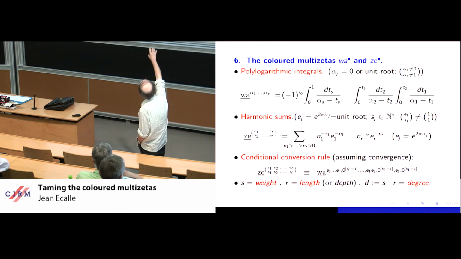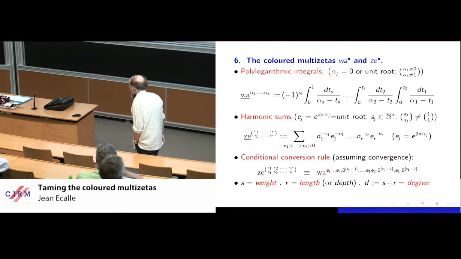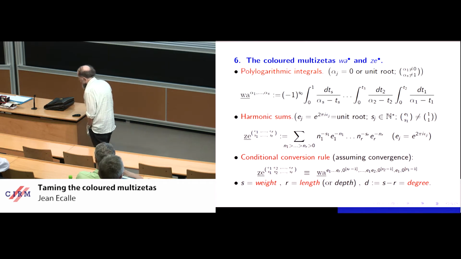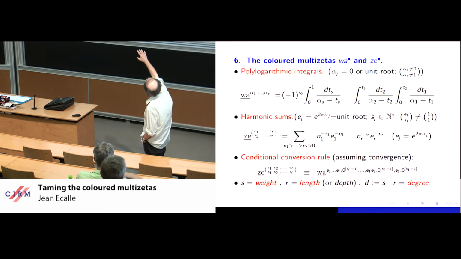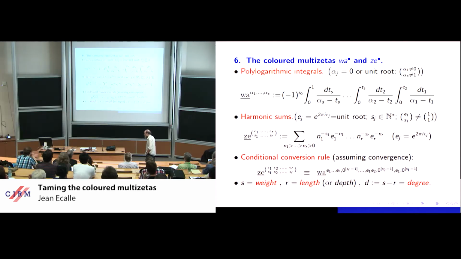This is just to recall the two basic encodings of the multizeta. You're all familiar with that. The first encoding is given by polylogarithmic integrals, and the second one by harmonic sums. Upstairs, in the w-encoding, the indices are unit roots or zeros, and in the harmonic sums you have the weights s_i, and upstairs they are the unit roots, but in logarithmic notation.